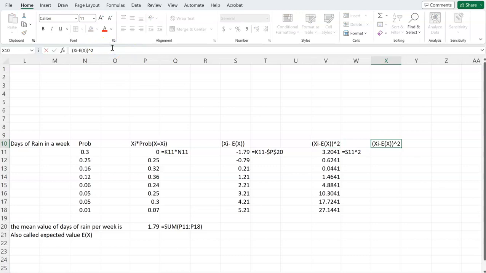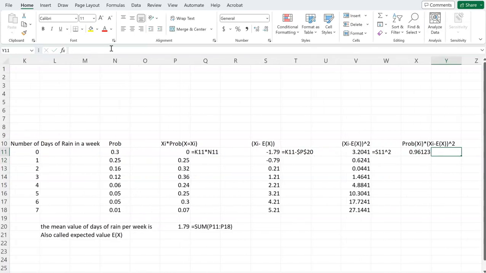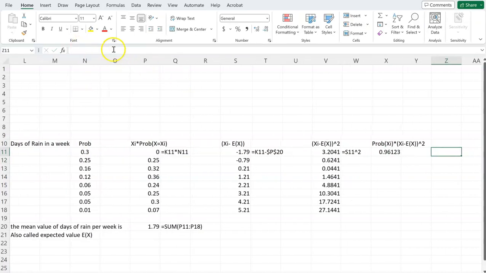So we will do probability of xi times that number, which is, here's my probability, times that number. So it's going to be this column, or this number, times this probability. And I do the same thing.